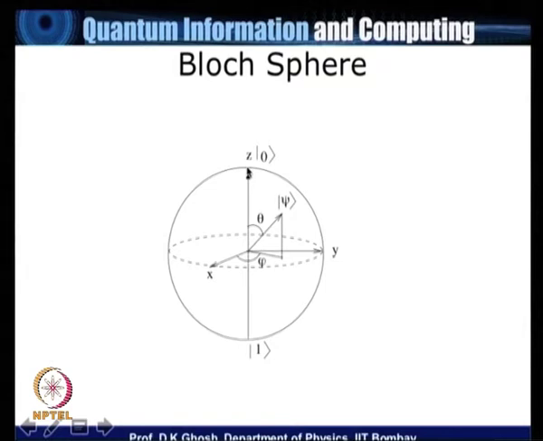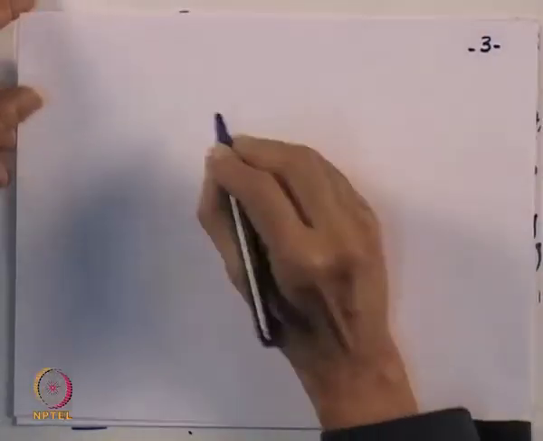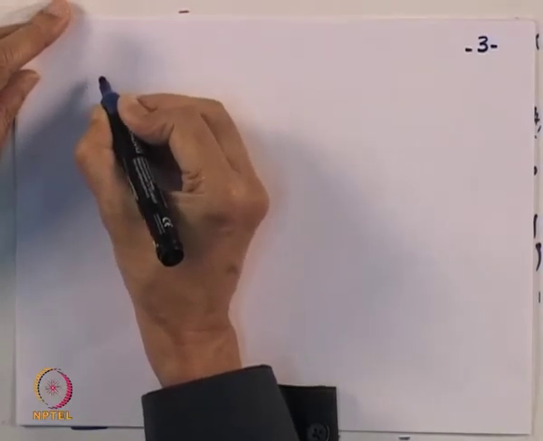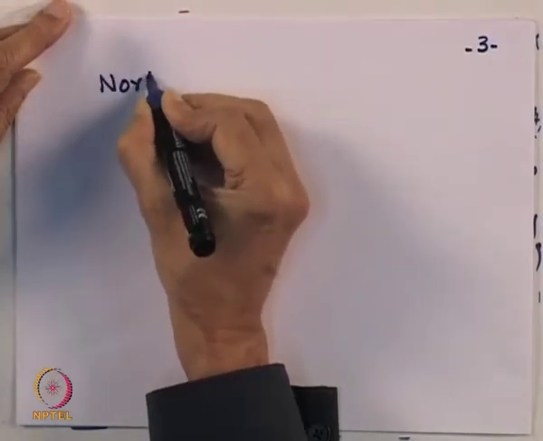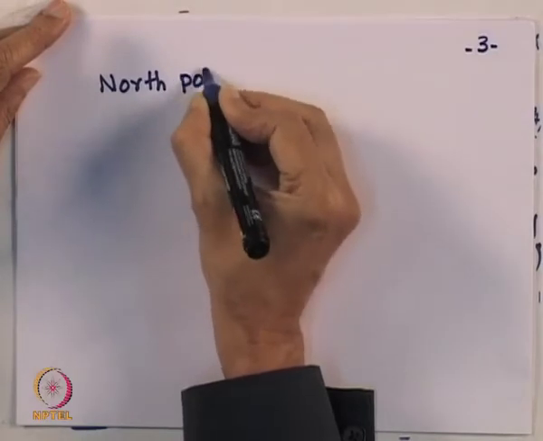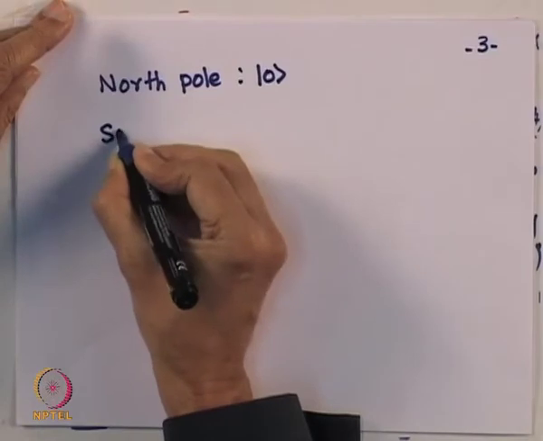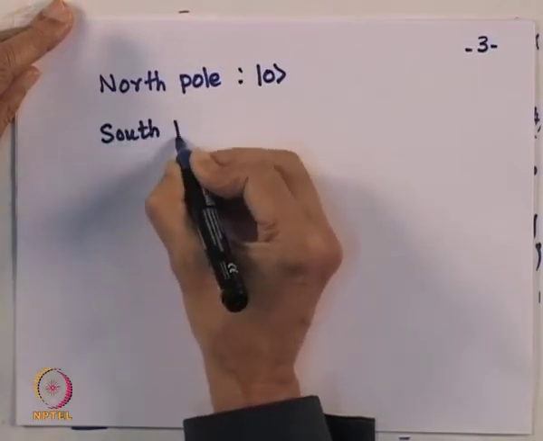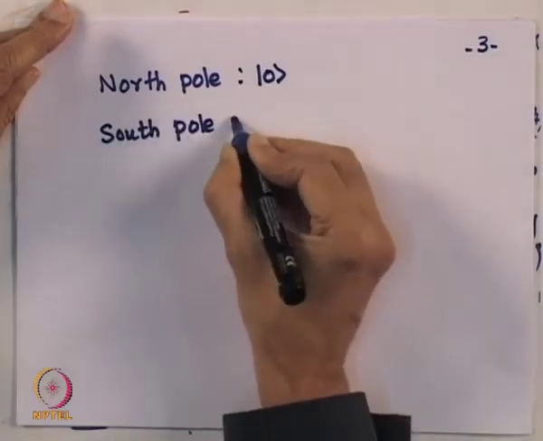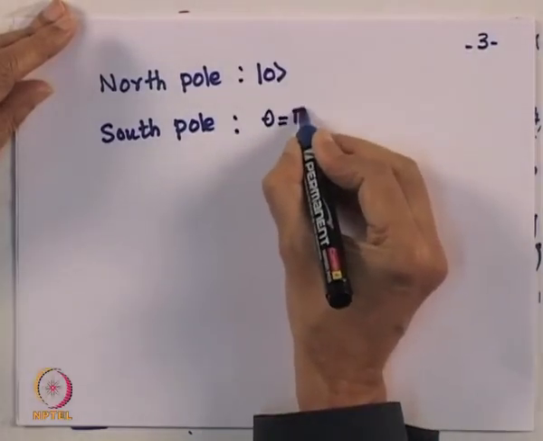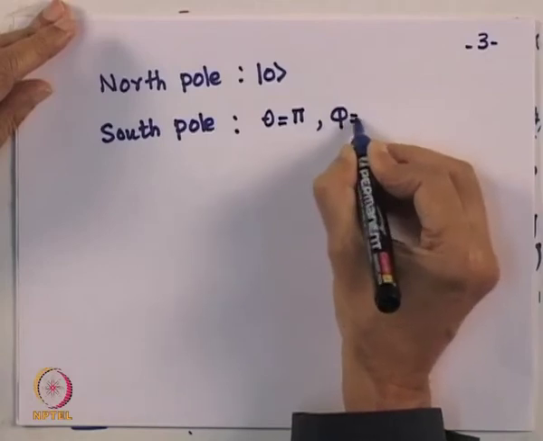Now let us go to the south pole. Remember that north pole corresponds to the state 0. Now let us look at the south pole. The south pole has theta equal to pi and phi is still equal to 0.